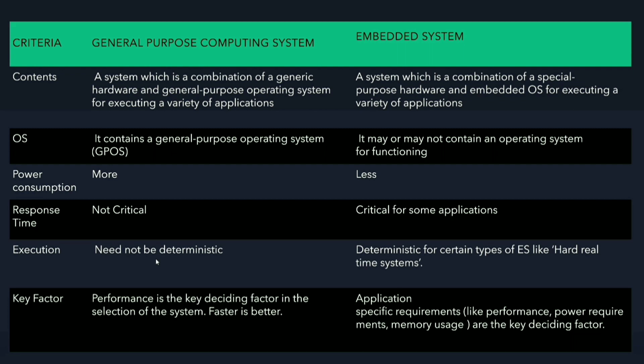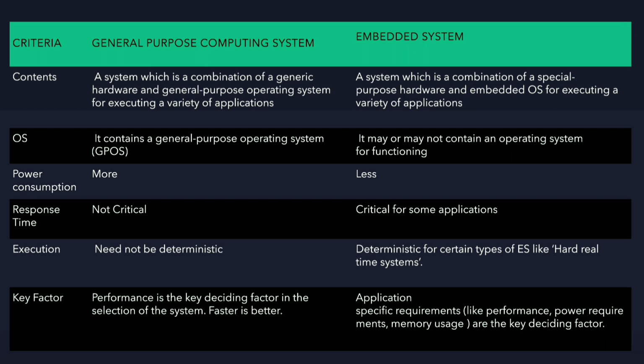On the criteria of key factor, the performance of the general purpose computing system is the key deciding factor in the selection of the system. The faster, the better. Whereas in an embedded system, application specific requirements are the key deciding factors, like performance, power requirements or memory usage. This is the basic difference between a general purpose computing system and an embedded system.